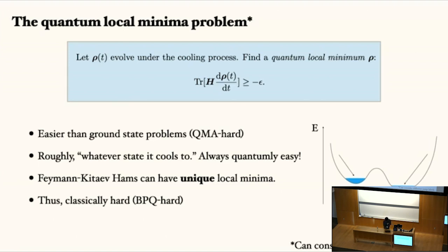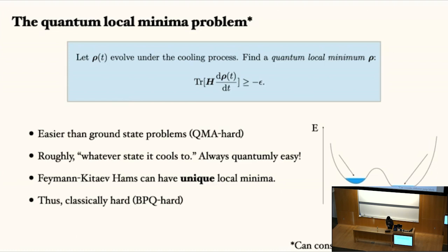The gist is that even for this problem, your Hamiltonian could have lots of local minima, and even if the task is just to find any of them, this is still a very interesting task. And it's easier than the ground state because, by definition, you can always find one by cooling. If you run the algorithm for a long time, you always get stuck in one of these.